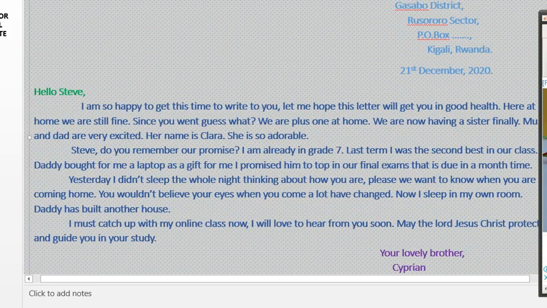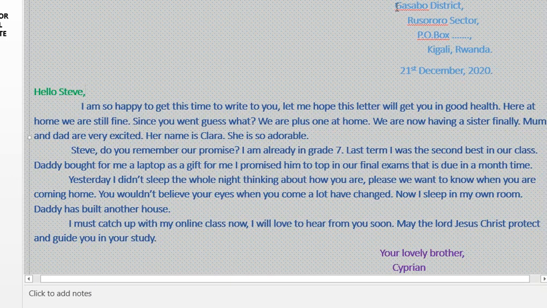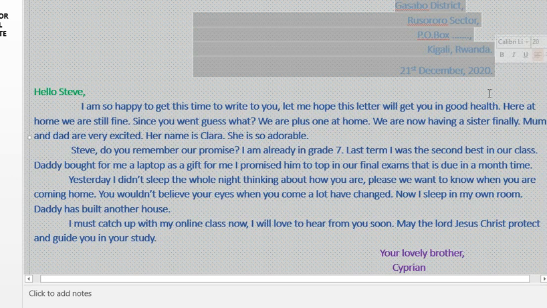Okay, let us now look at the parts one by one. We are going to start with our address. The one that is written in blue, the one I'm highlighting now, is the address. You can see very well that we have used the slanting method of writing the address.